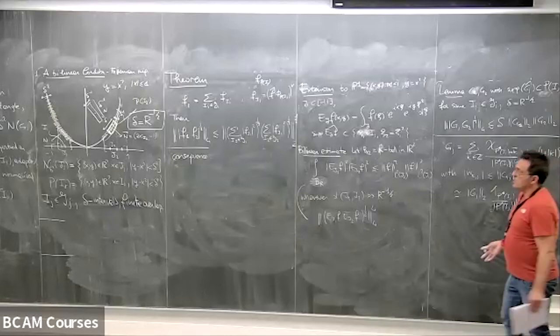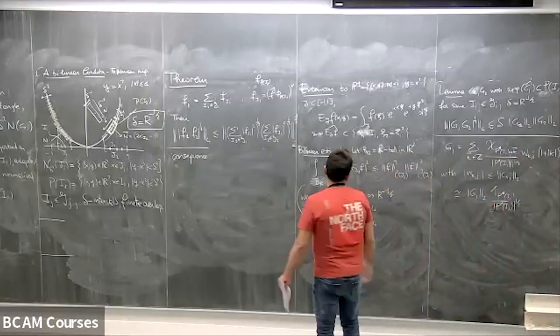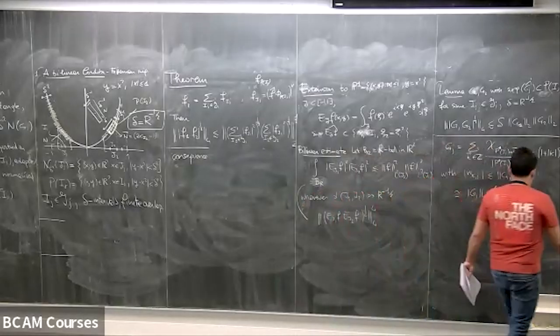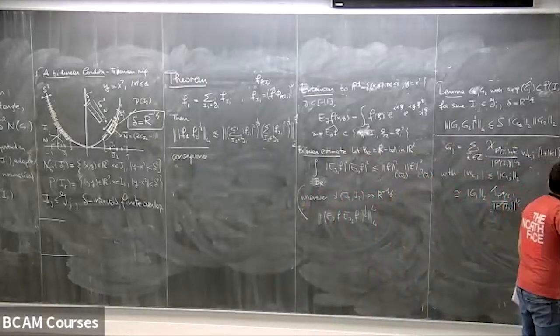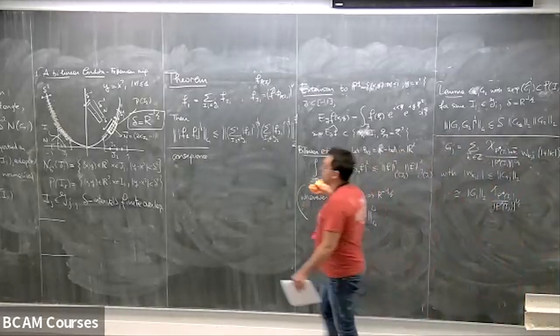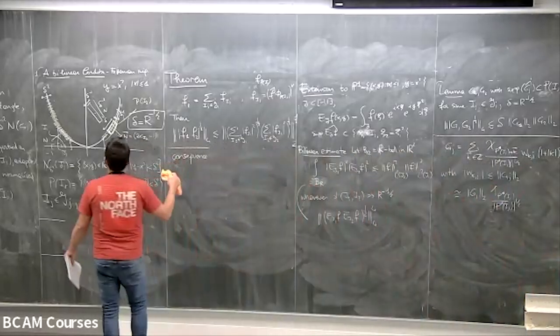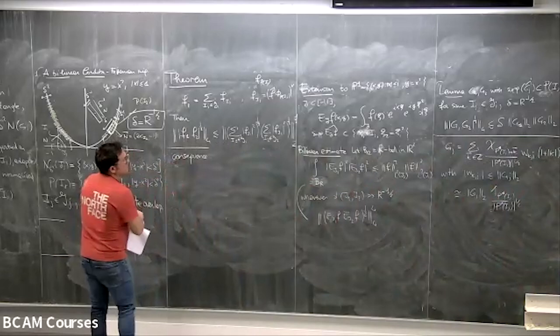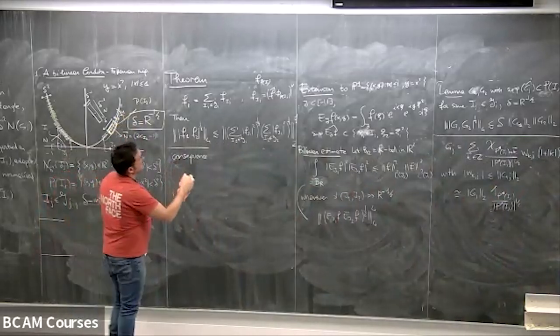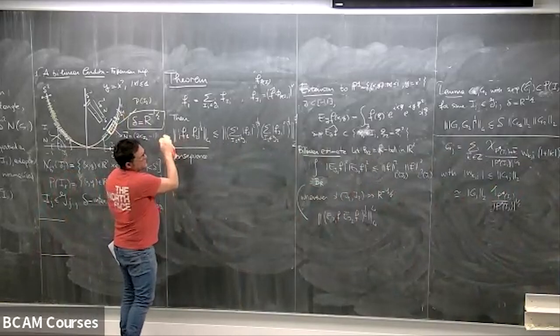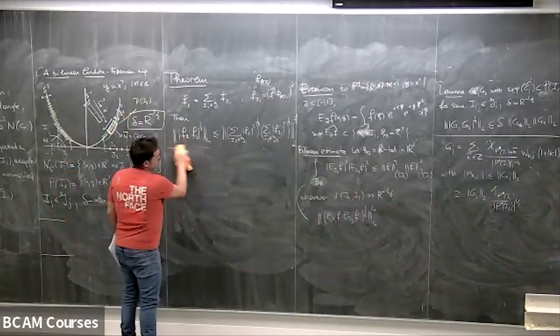So now we go and look at the honest proof. From now on, I'm not going to do any other simplifications. Now you know the Cordoba-Fefferman inequality. Or maybe I'm just going to finish the proof here.